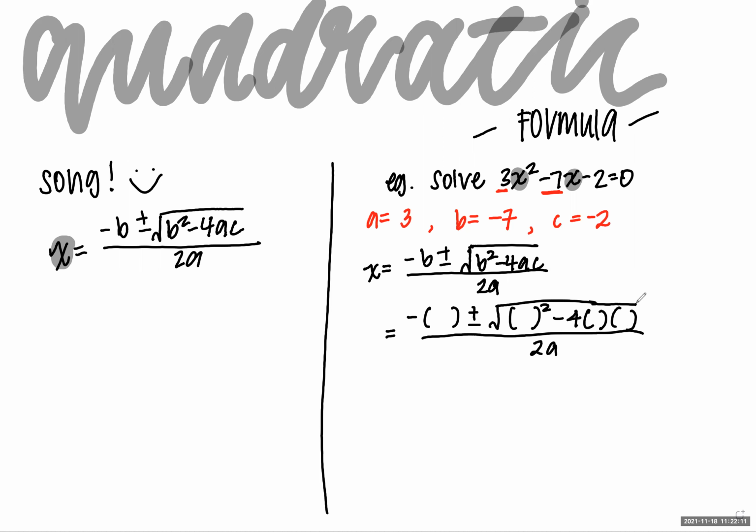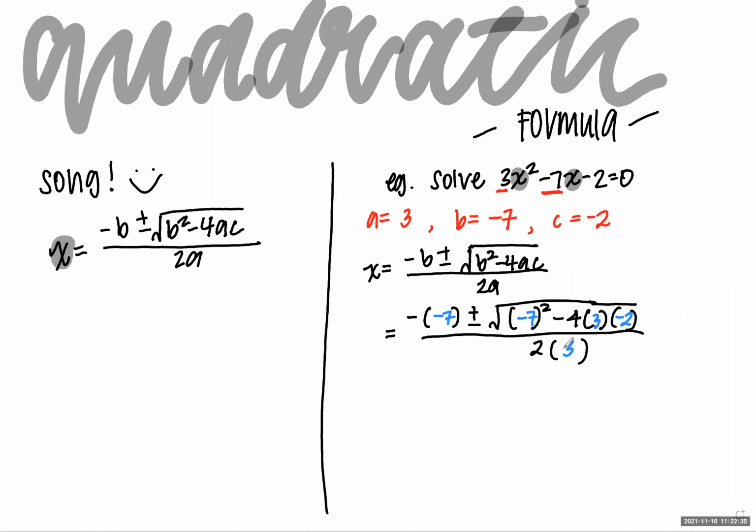Now I'm going to input my b. My b is -7, a is 3 and c is -2. Oops, the last one is not 2a, it's 2 bracket, and the a is 3.